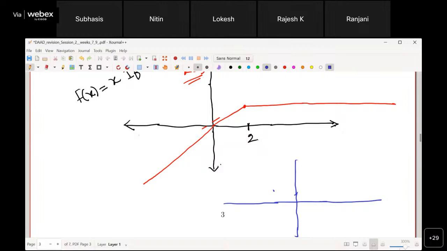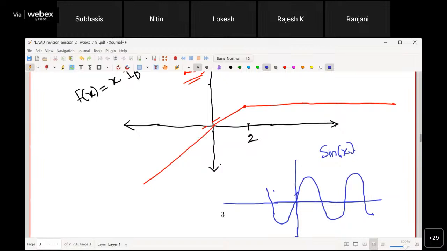Let me try it out here. This passes through the origin. Okay, so you have something like this. Let's say this is your sin x. This is certainly different from this function, right? This is not periodic, while this is a periodic function.